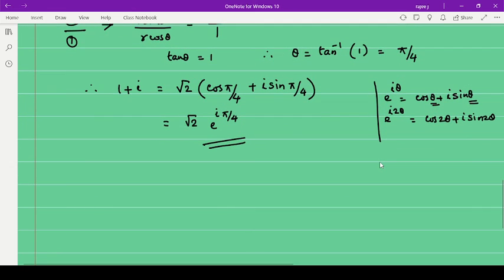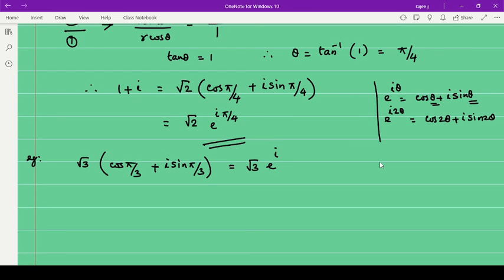For example, if I have root 3 into cos pi by 3 plus i sin pi by 3, this will be equal to root 3 into e to the power i pi by 3, since theta is pi by 3 here.